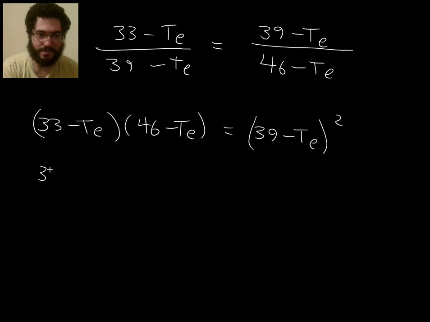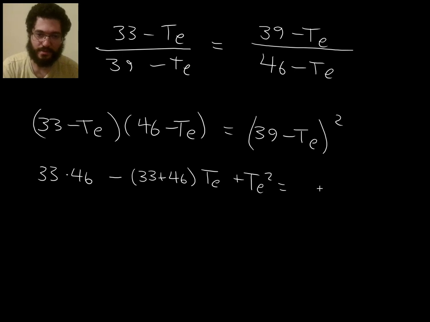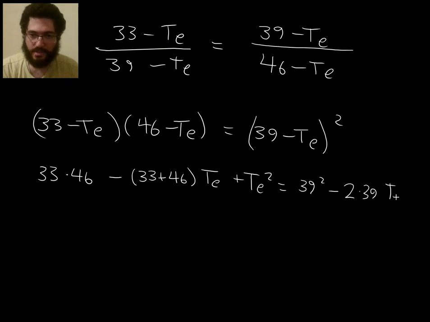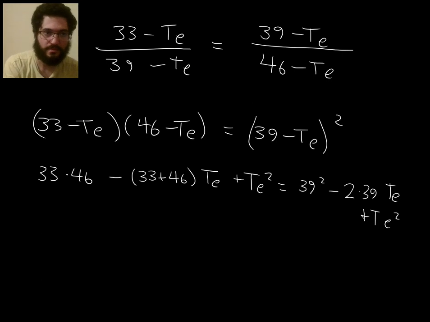So yeah, maybe I'll continue. So 33 times 46 minus (33 plus 46) Te plus Te squared equals, and then over here, 39 squared minus 2 times 39 Te plus Te squared. So these cancel.